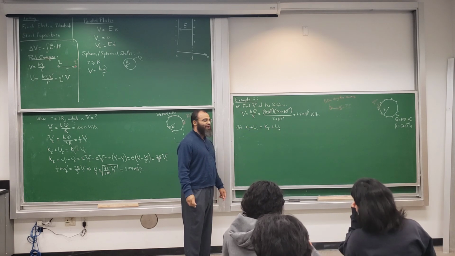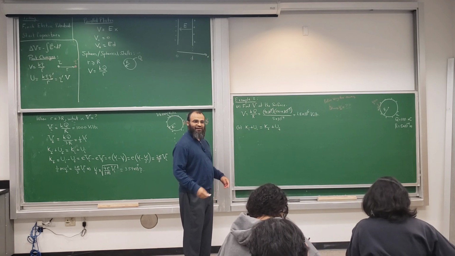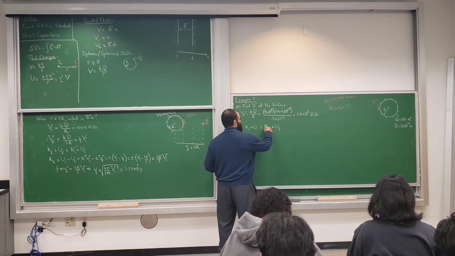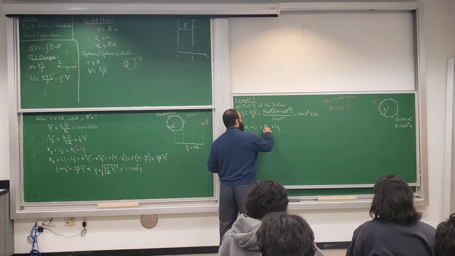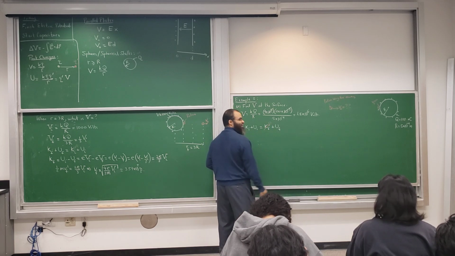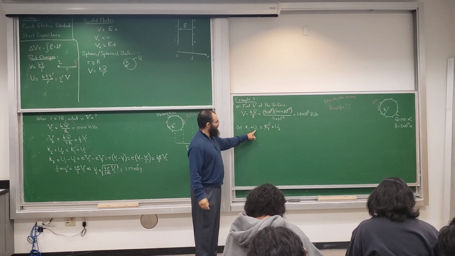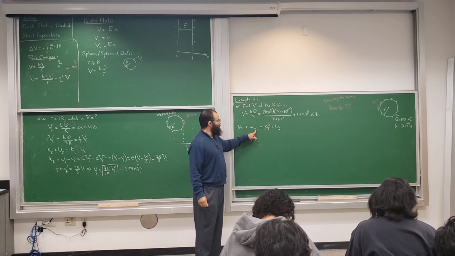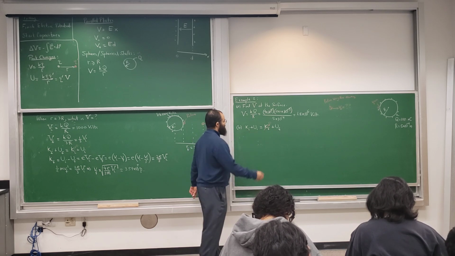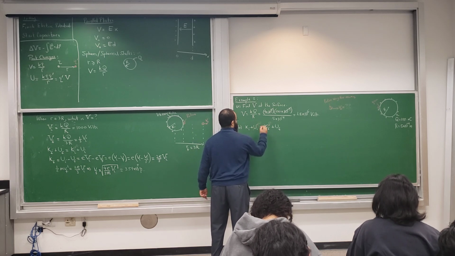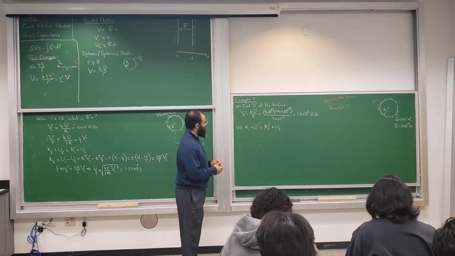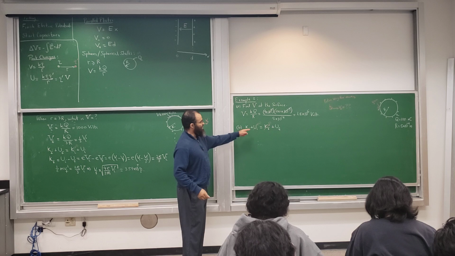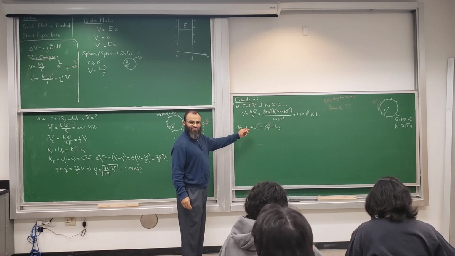The kinetic energy at the end is 0, because it's barely moving. It will stop. And the potential at the start, very far away, the electric potential is 0. So qV is 0, so the potential energy is also 0. So the kinetic at the beginning is simply equal to the potential at the end.